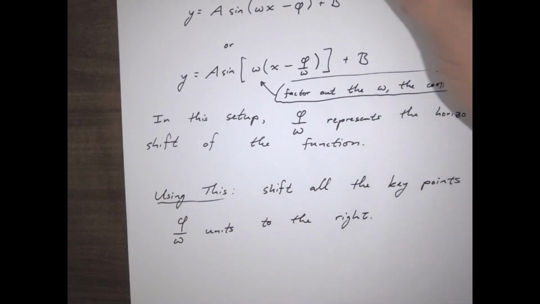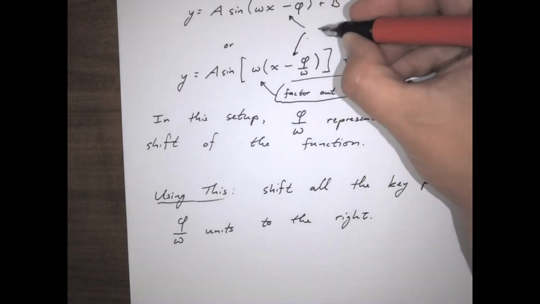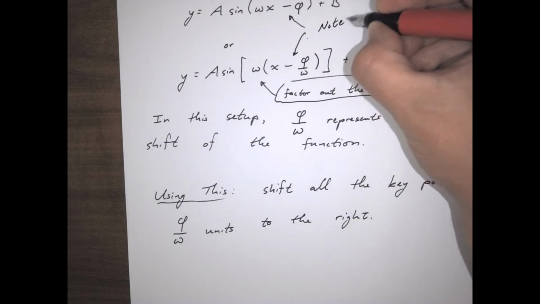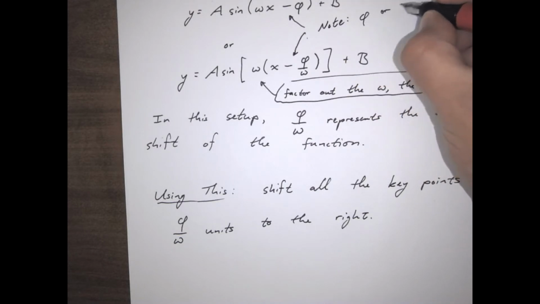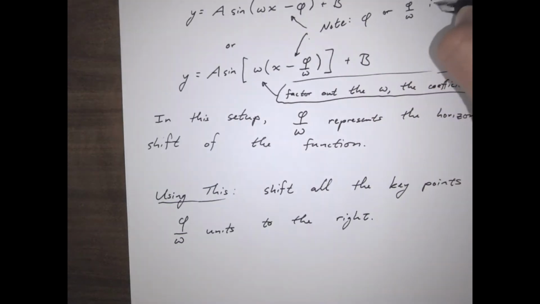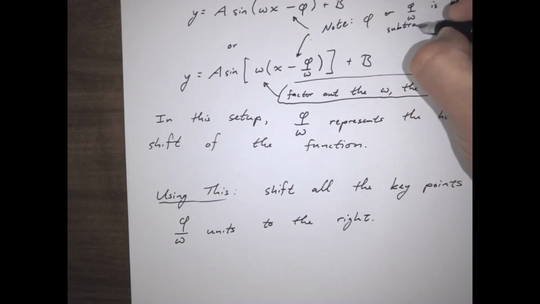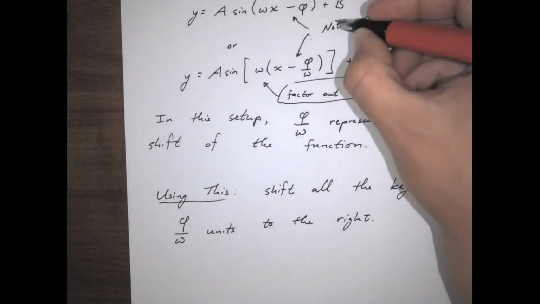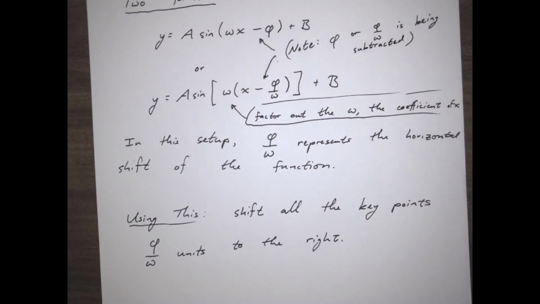And one thing to note, phi or phi over omega is being subtracted. So that's important to note.